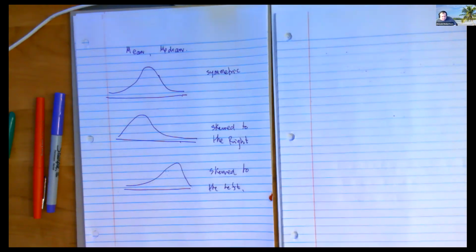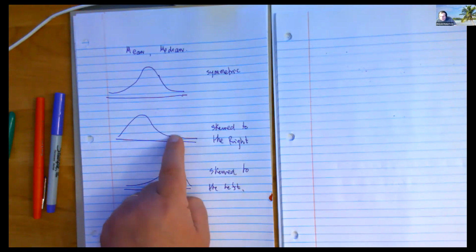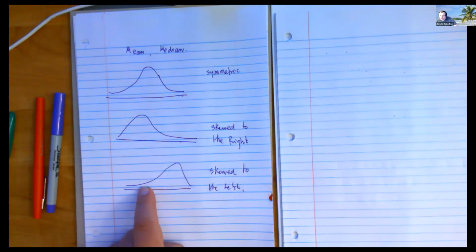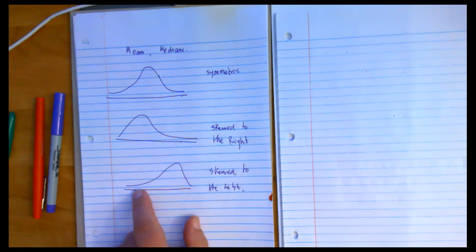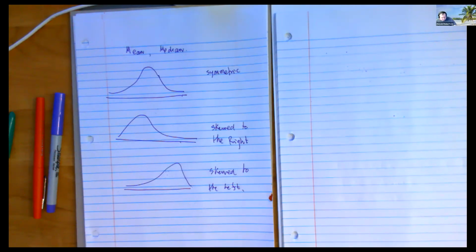Can anyone remember the shortcut for how to remember that this is called skewed right and this one is called skewed left? Because it's easy to mix the 2 names up, isn't it? I just look at which way the tail's going. That's how I do it.